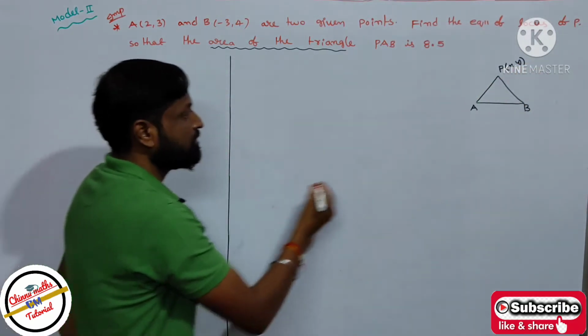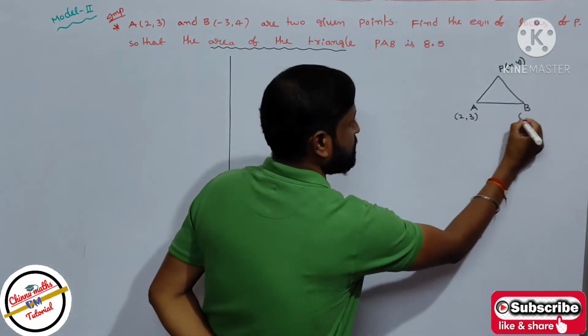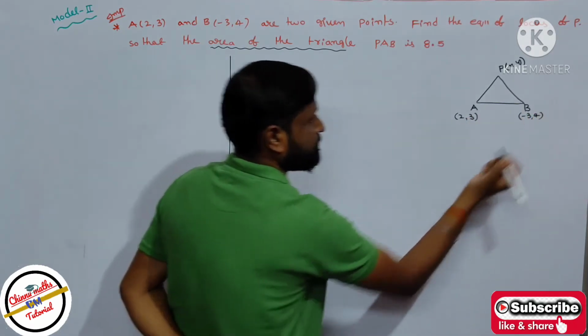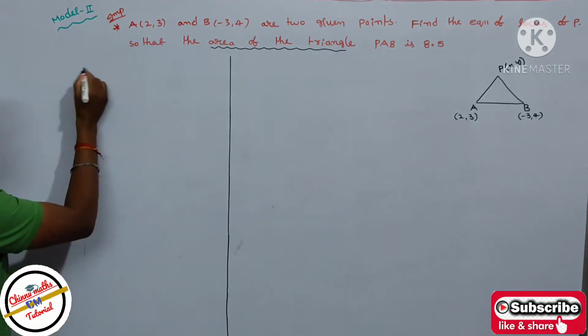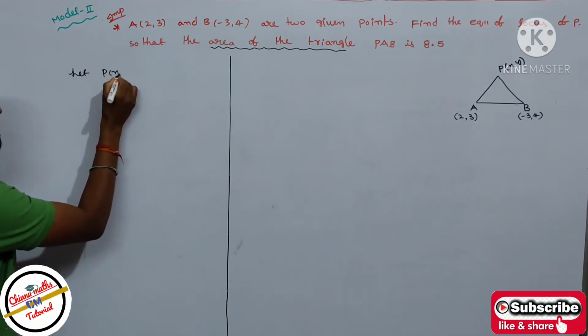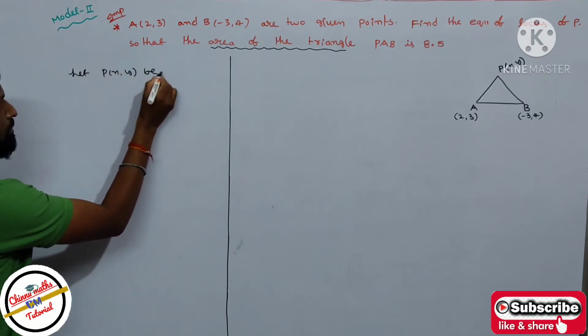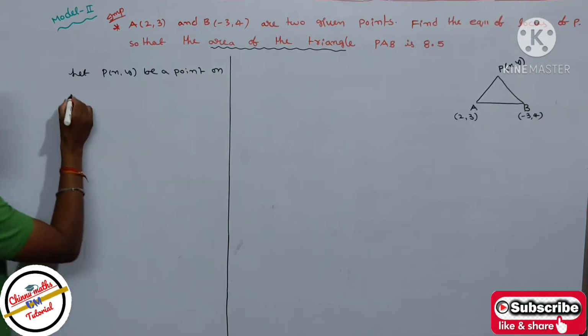Given that point A equals (2, 3) and point B equals (-3, 4). Let's continue. What is our first step? Let P (x, y) be a point on the locus.